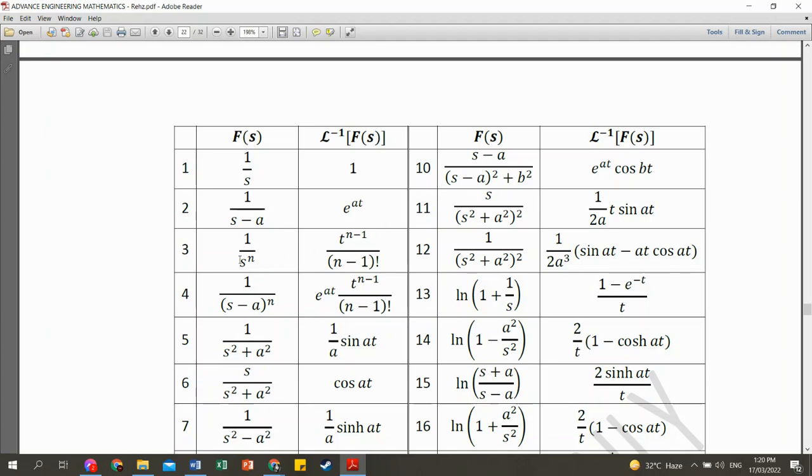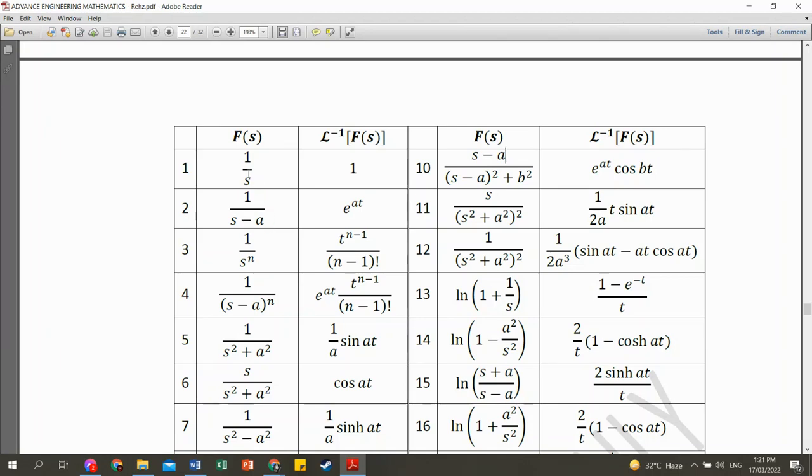This time, baliktad na siya kasi inverse Laplace transformation na tayo. So we have given F of s na on the first column and third column. Except these numbers here, itong kino-consider ko lang na column: first, second, third, and fourth. So, dito, you have given F of s and then they have their corresponding inverse Laplace transform.